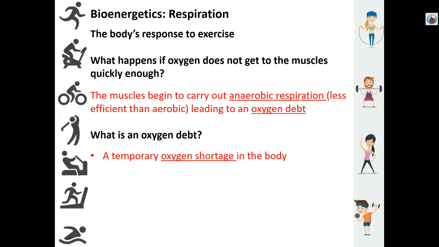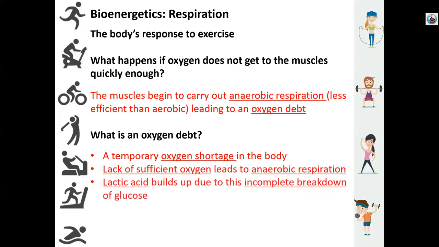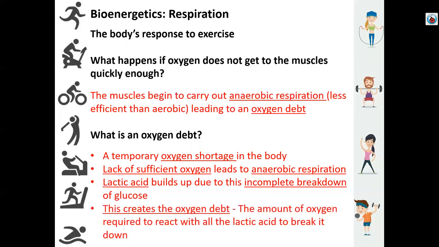This lack of oxygen leads to anaerobic respiration, and that causes a buildup of lactic acid. And the lactic acid builds up simply because the glucose is incompletely broken down. It's not completely broken down to carbon dioxide and water, it's just broken down to lactic acid. And this creates the oxygen debt.